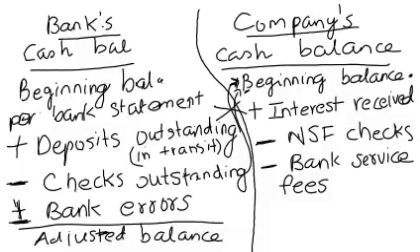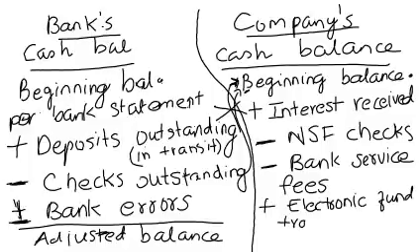And then there might be electronic fund transfers that have taken place directly from the customer to the bank, which we need to add. Electronic fund transfers, which are like direct deposits. So electronic fund transfers sometimes also need to be subtracted depending on the situation.